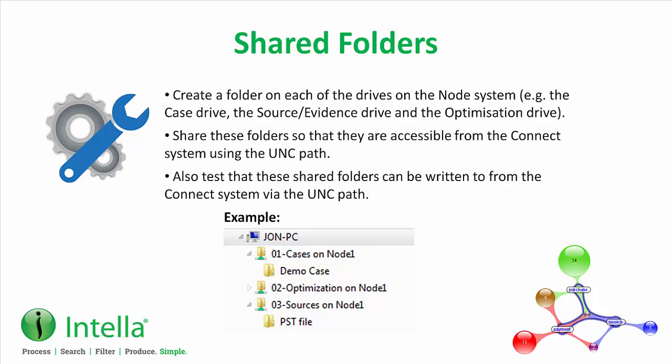At this point, we'll also create a folder for the test case that we'll be creating. In this example, I've created a folder for the case with the name Demo Case. Note that the evidence which I want to index into this demo case has been copied to the shared evidence folder on the Node system.